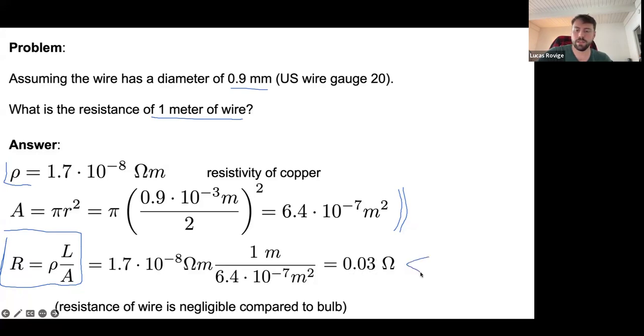So you see that this is much smaller than, I think it was 10 ohm, the resistance of the bulb. So yeah, you see that indeed it was okay to make the assumption and not consider the resistance of the wires.